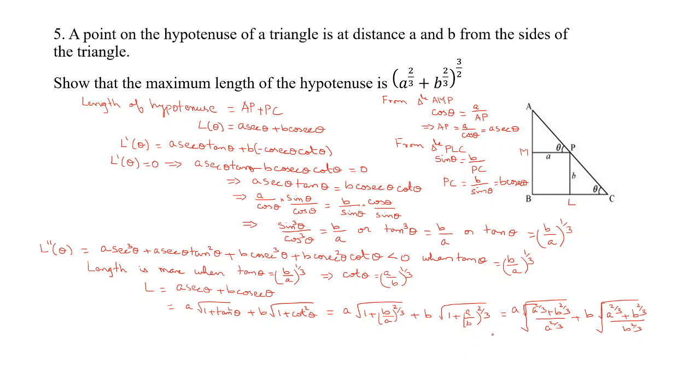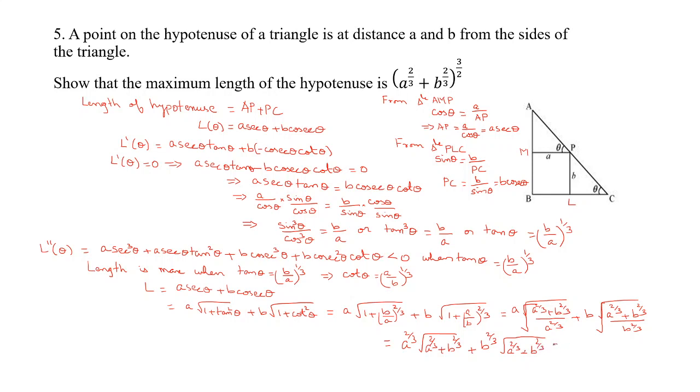So this will become a divided by a to the power 1 by 3, that is a to the power 2 by 3, square root of a to the power 2 by 3 plus b to the power 2 by 3, then plus b to the power 2 by 3 under root a to the power 2 by 3 plus b to the power 2 by 3.